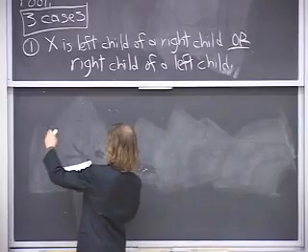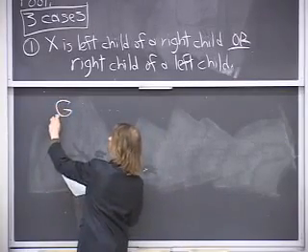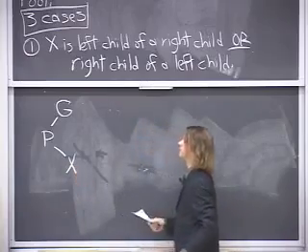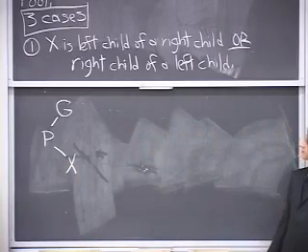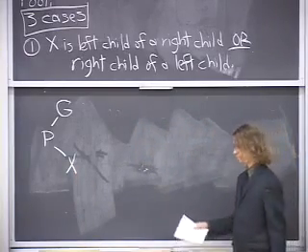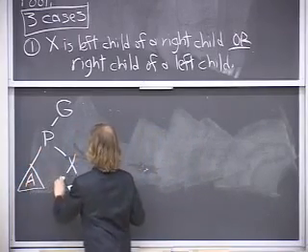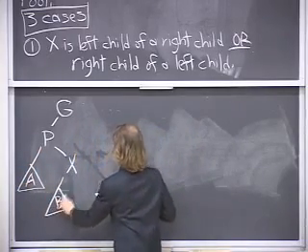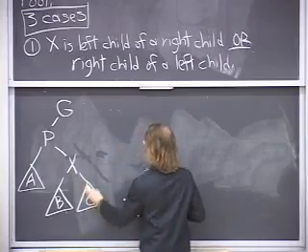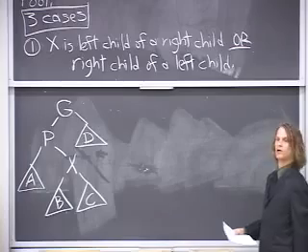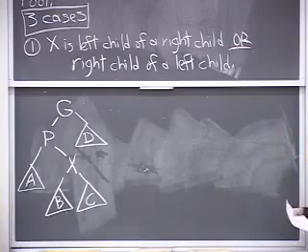So let's look at what this looks like. Maybe this is the grandparent, this is the parent, and this is x. So in this case, x is a right child of a left child. And here are the subtrees. Some of these might be big, some of these might be small. We proceed in 2 steps.